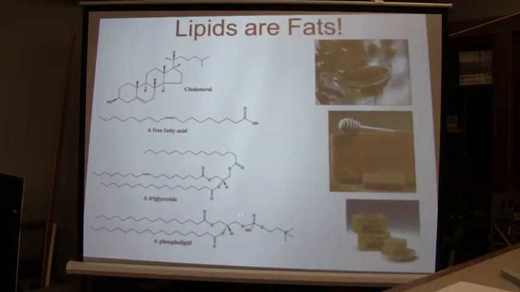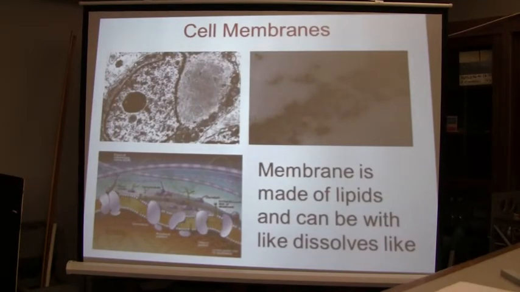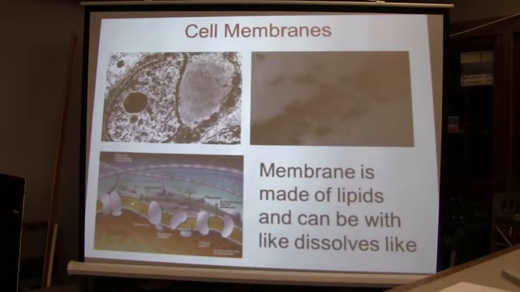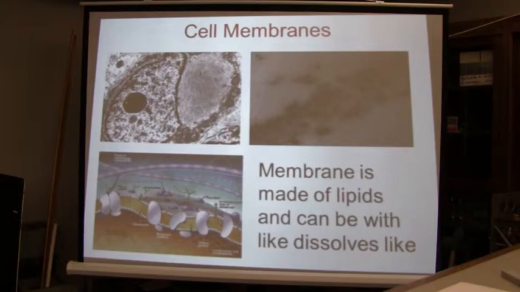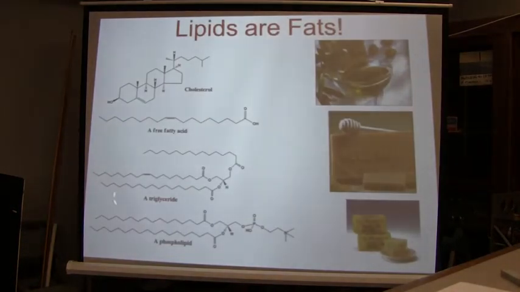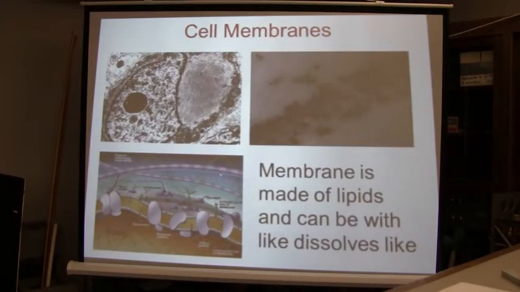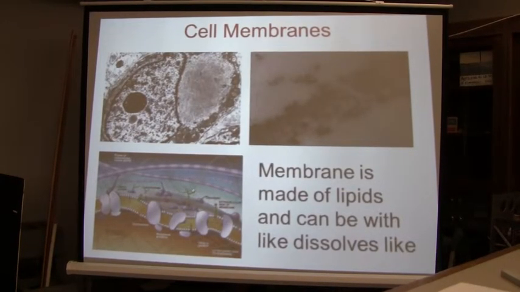The white ball on the top is this polar head group region right here. And this orange part is the fatty tail. This is going to be inside of a cell, so it's going to be surrounded by water.